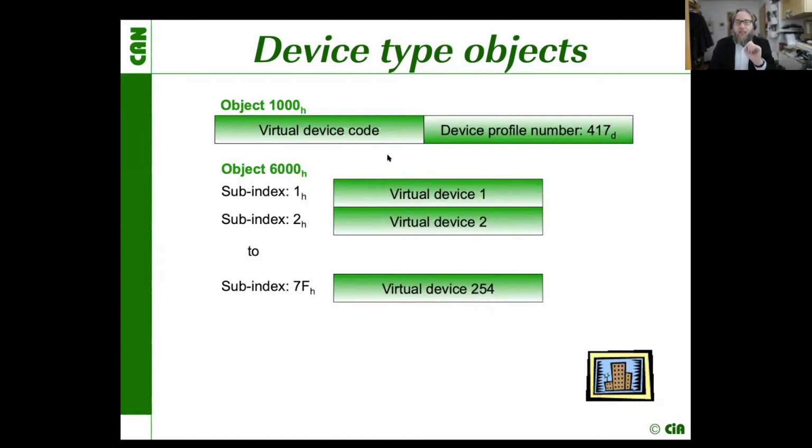And if it's indicated that it supports multiple virtual devices, then we have object 6000, which indicates which of those virtual devices are being supported. And you can see a physical device theoretically could support up to 254 virtual devices. That said, we don't have that many.